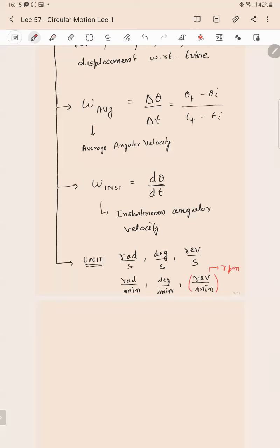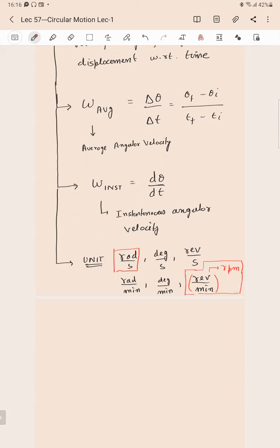Have you ever heard of it? Yes, sir. Further going by, you can get radian per hour, but that is not usually used. The usual used units are radian per second and revolution per minute. Radian per second भी usually use होता है, revolution per minute भी use होता है. These are the usual units you use.